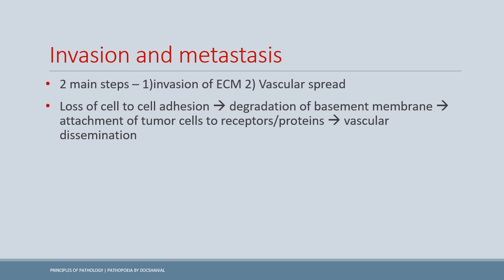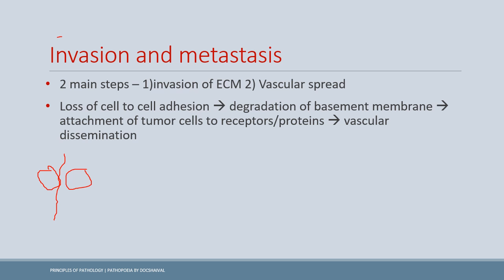I have just drawn a small flow chart over here. We have first the loss of cell to cell adhesion, because the tumor cell must detach itself from the other cells. Once it has detached from other cells, let me draw something over here. Let's say these are two cells, and this has detached itself from the other cells.